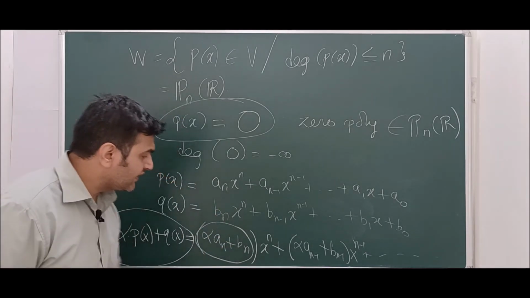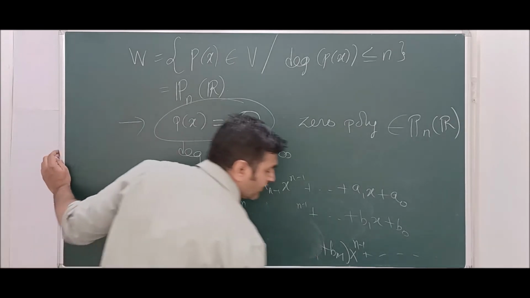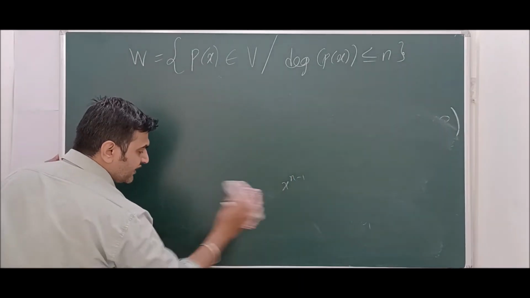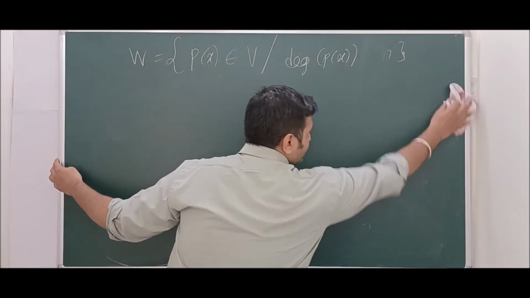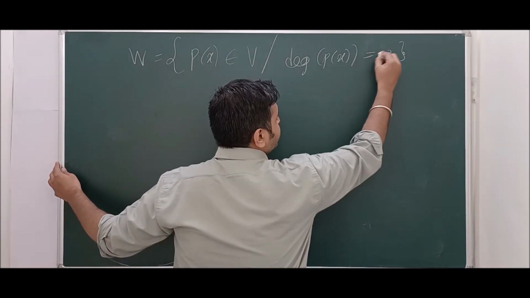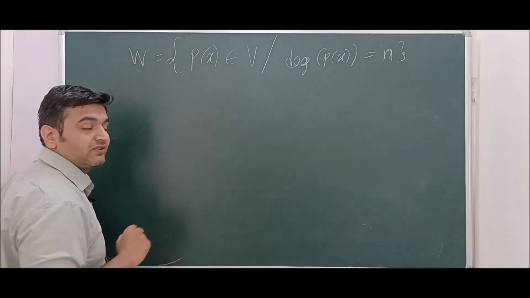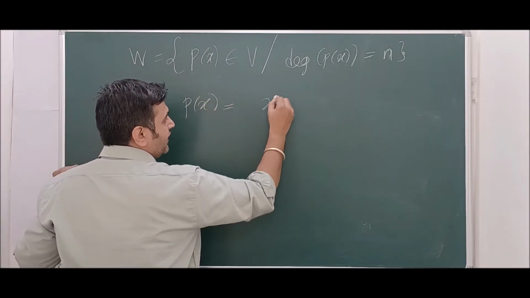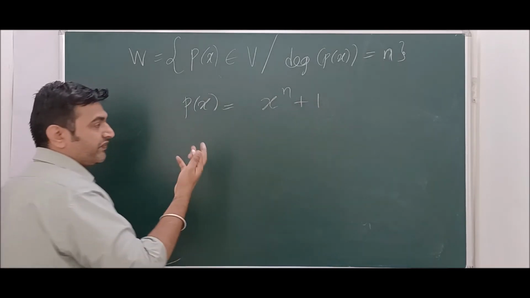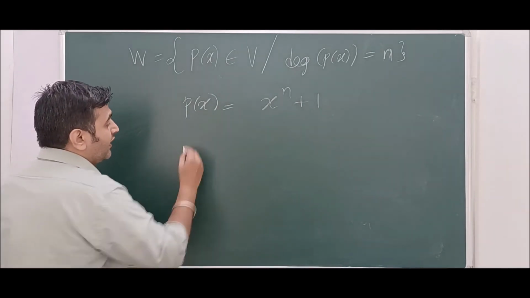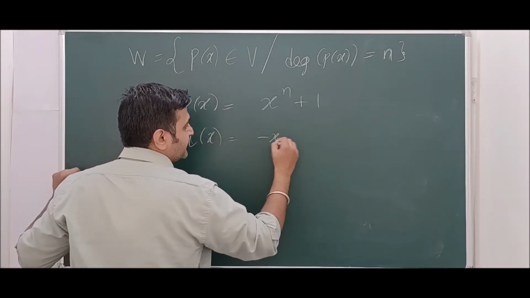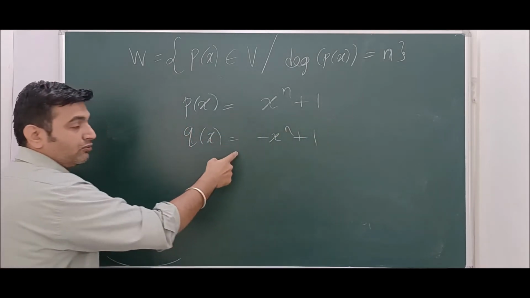Now one can ask why we are taking less than or equal. What is the problem with equal to? If I take equal to, will it form a subspace? The answer is no. So if I take the degree equal to n, will it form a subspace? No. Why? Because if I take p of x to be x raised to n plus 1, this is a polynomial of degree n. If I take q of x to be minus x raised to n plus 1, this is also a polynomial of degree n.